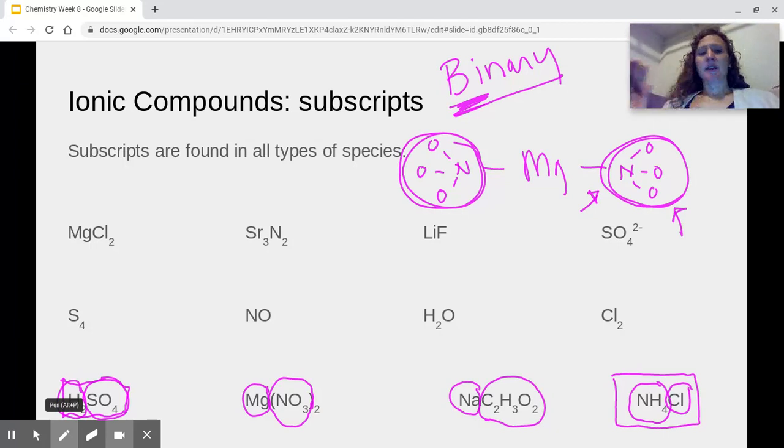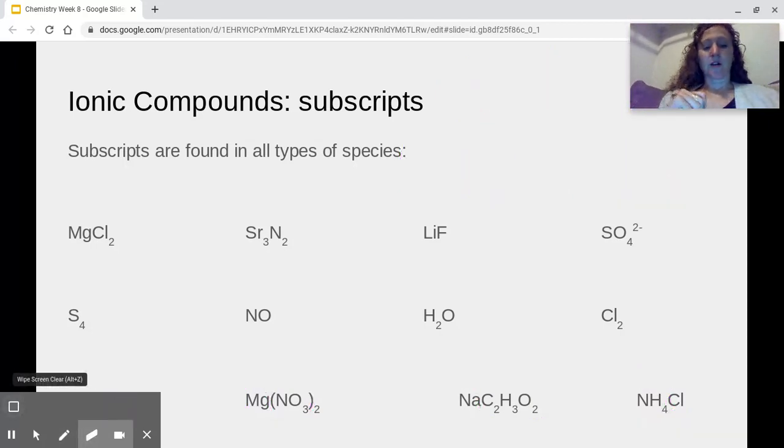Okay, one other thing I wanted to talk about with subscripts before we get any farther on ionic compounds is that subscripts are found in elements as well. So the elemental form of an element is not always what you pull off the periodic table. For example, if we're talking about elemental copper, if I want you to write elemental copper into a sentence, you would write it as Cu.